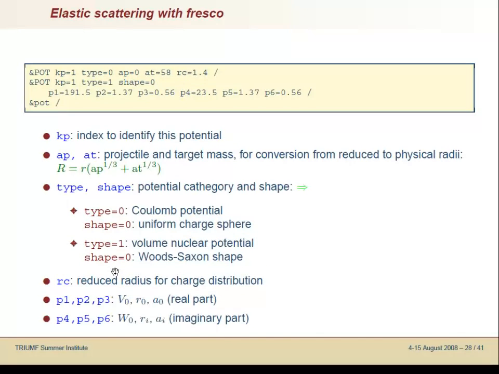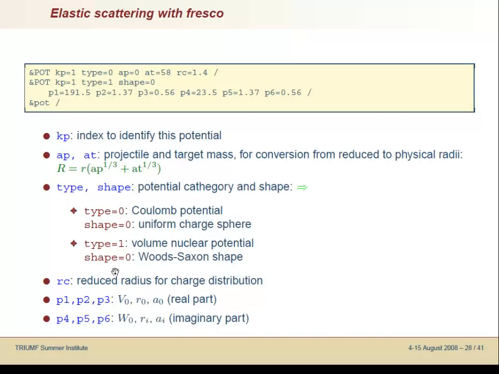In this case, we have only one potential. So the index C pot equal 1 refers, in the potential namelist, to the variable Kp. So you see here Kp equal 1, Kp equal 1. In general, our potential will contain several components. In this case, we have at least two components, the Coulomb part and the nuclear part. But we could include some other components.